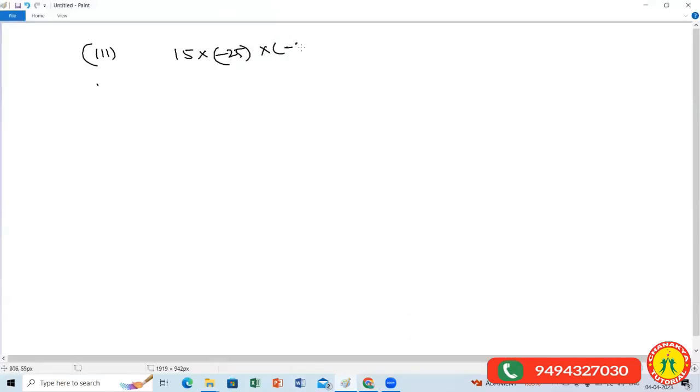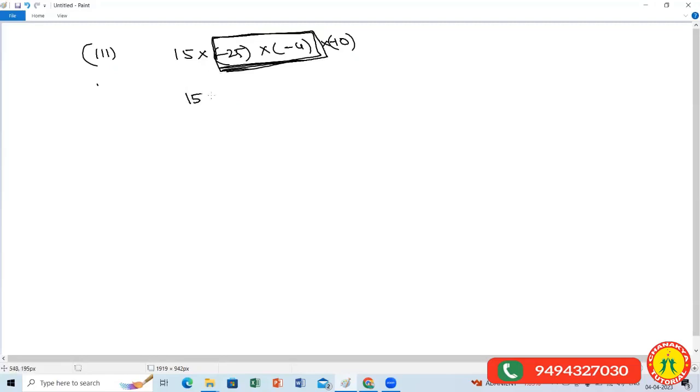What is the property I can use? Can I use it directly, or can I make this a group?